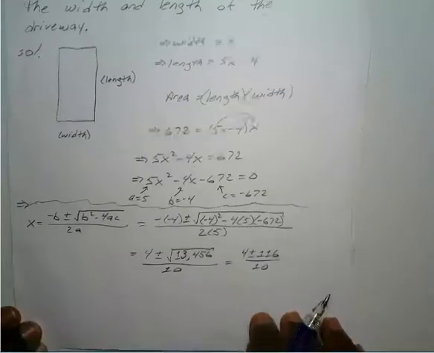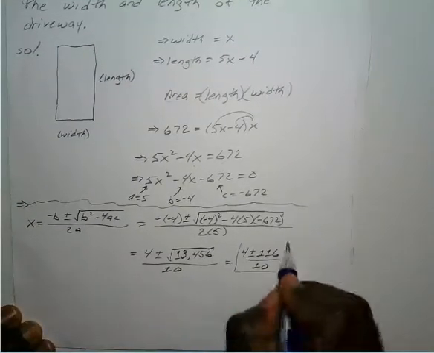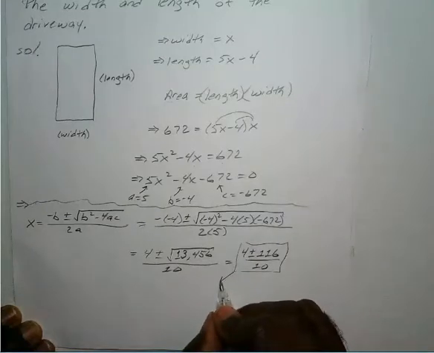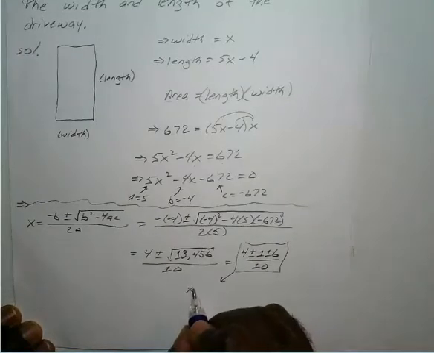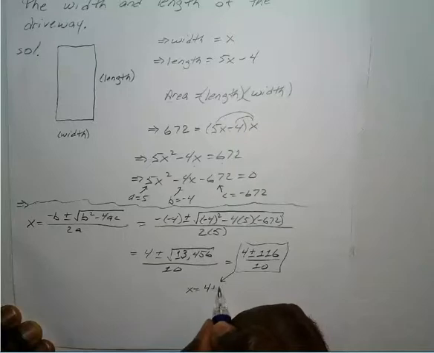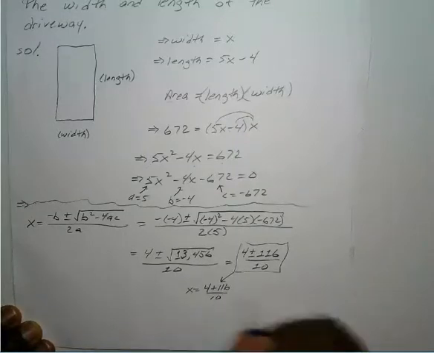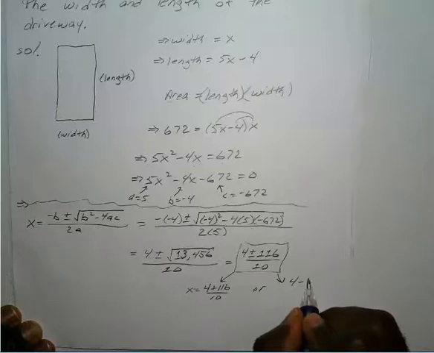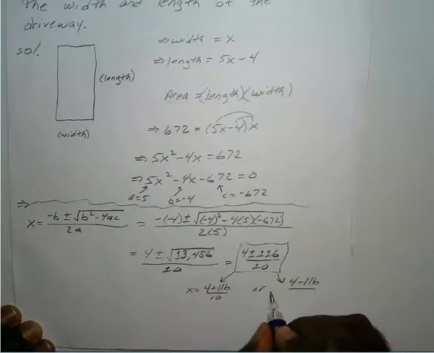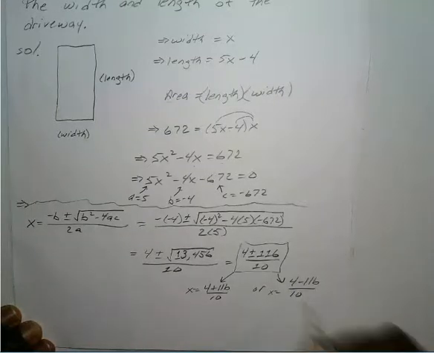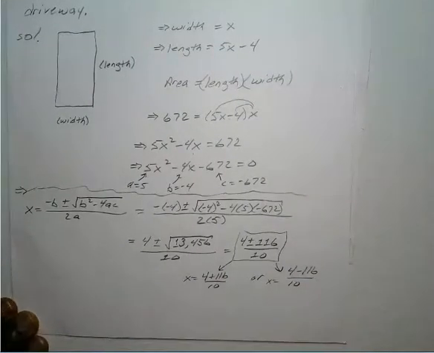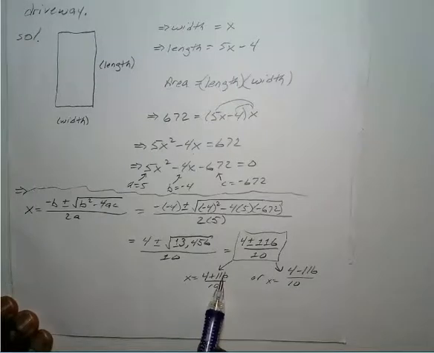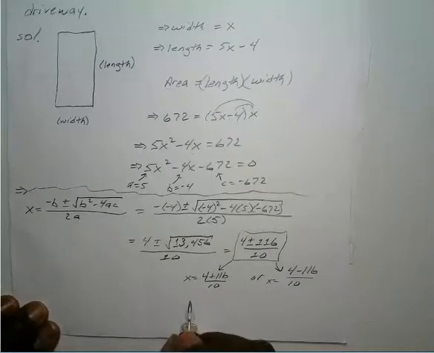Alright, so of course we know this means that x is equal to 4 plus 116 over 10, or 4 minus 116 over 10. Okay, so you have 4 plus 116 is 120. 120 divided by 10 is 12.